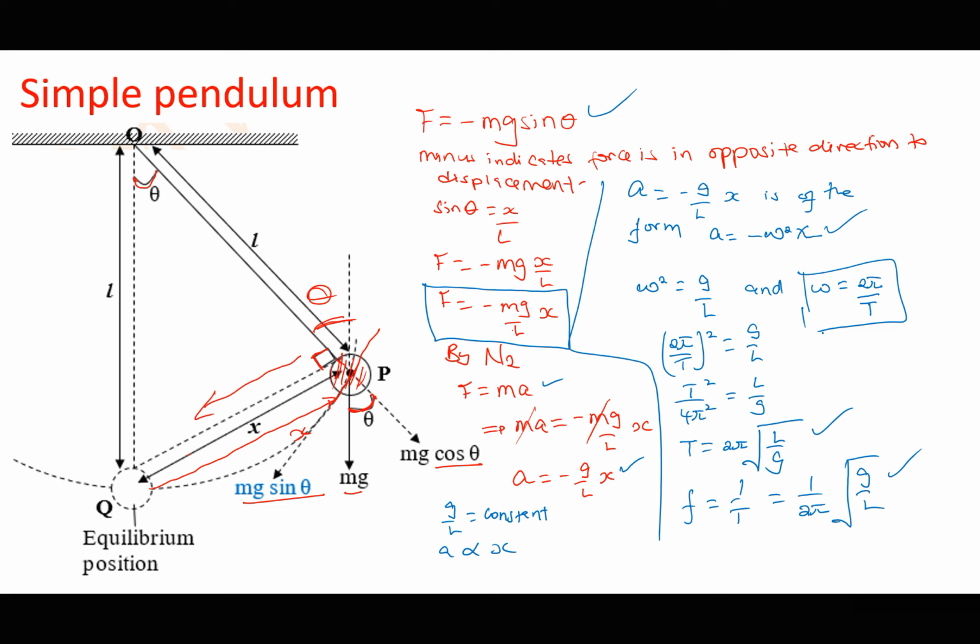That would be a simple pendulum approximating simple harmonic motion. So you observe from the above expressions that the period of a simple pendulum is independent of the mass. When you look at the expression for period, it is not depending on the mass. Therefore, a big mass and a small mass, as long as the length of the pendulum is the same, the period is going to be the same.